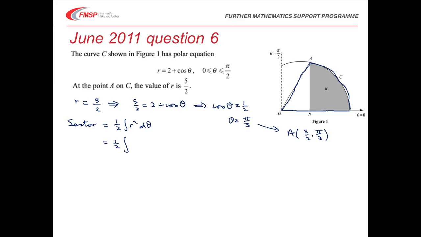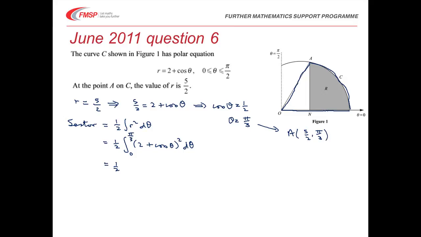We have the polar form of r, so straight away we know it's 2 plus cos theta. Don't forget it's squared, students often miss that bit out. And we know that the sector starts on the initial line, theta 0, and finishes at OA, where we've shown that theta is pi/3.